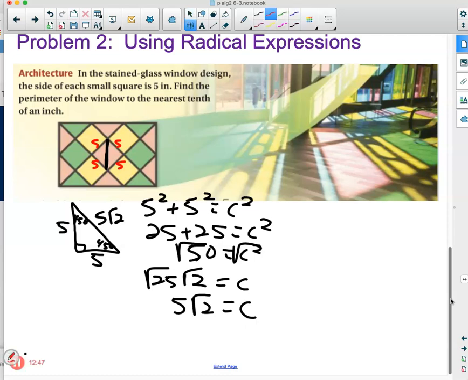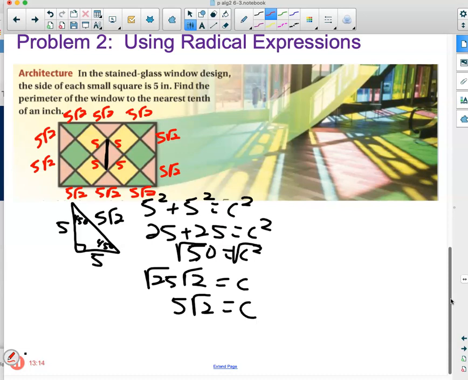So, now what are we supposed to do with this? Well, each one of these is 5 square roots of 2. Now, I know what they wanted us to do. They wanted us to add all those together, but I really don't want to write them all down.